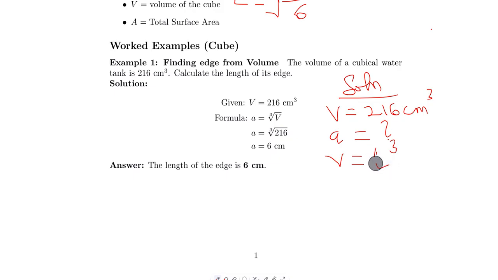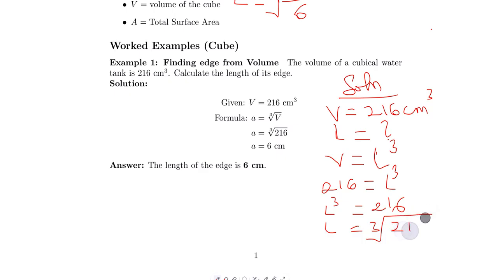Don't forget that the length is the same thing as L. So we have 216 equal to L raised to power 3, and then L raised to power 3 is equal to 216, and L will be equal to the cube root of 216.